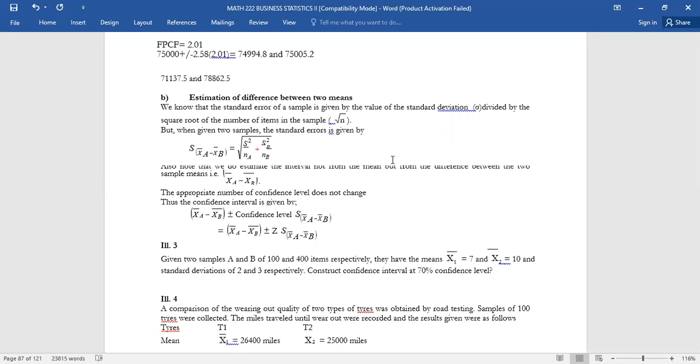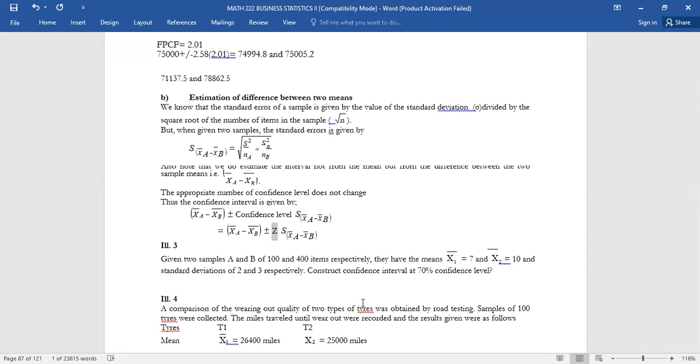So the confidence interval will be given by the formula. Just the normal steps that you've used in getting the population mean. I want us to look at the illustration.